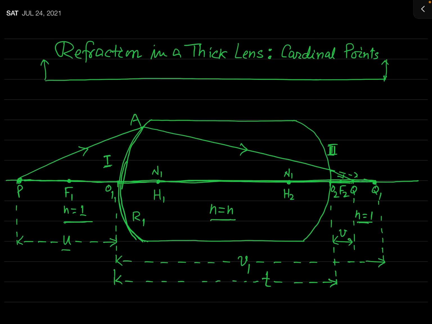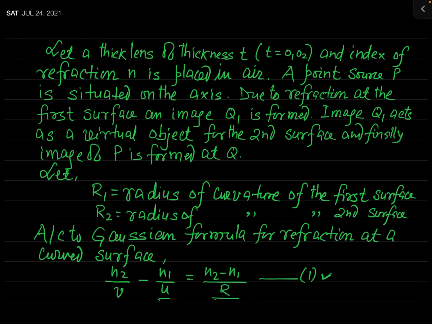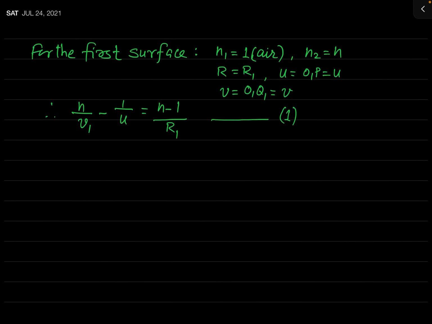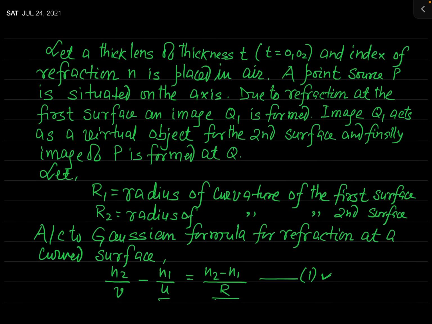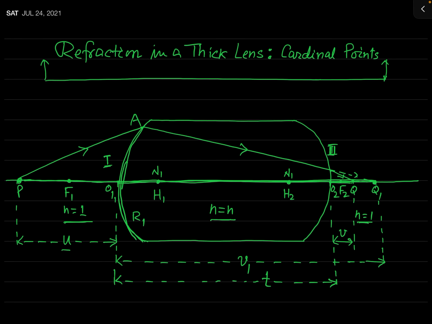So when you apply this formula for the first surface, you can see I have written here that n1 is equal to 1 and n2 is equal to n. R is r1 and u is simply u, but v is here equal to v1, not v. You can see this figure, I have marked it by this v1. v1 is the image distance for the first surface.